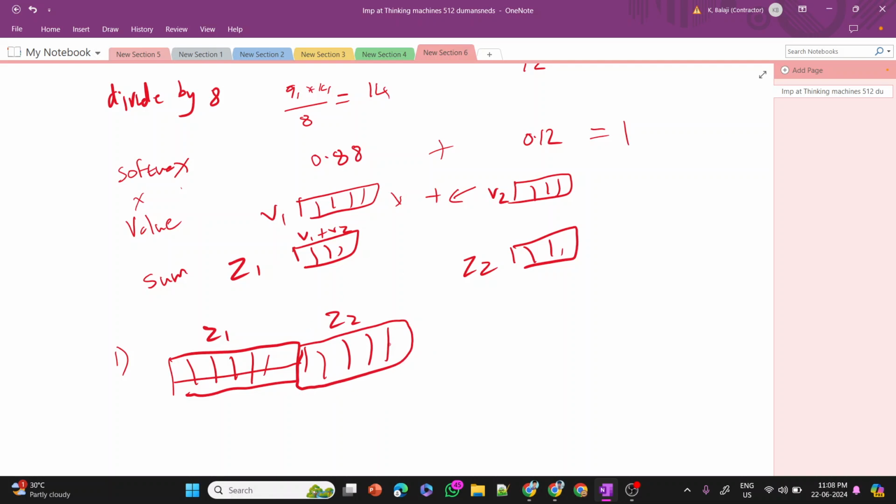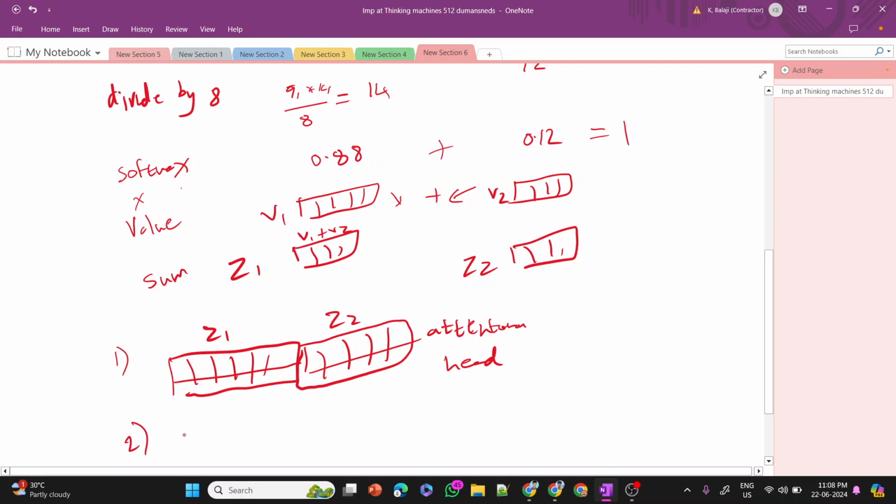This overall z1 and z2 combination, we will call this the attention head.